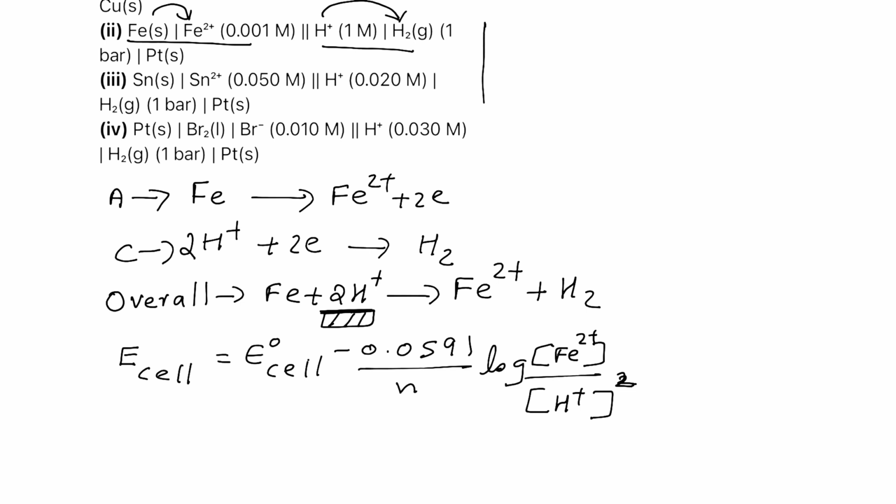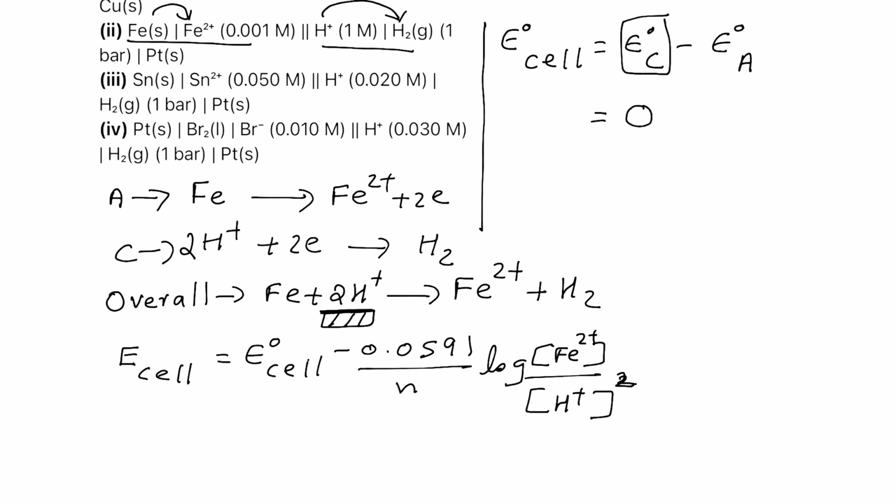Now we can again substitute. For that purpose we need E0 cell. E0 cell is equal to E0 cathode minus E0 anode. Correct? Cathode is SHE, so what is the value? 0. Anode is E0 Fe2+/Fe. For that you have to check the textbook table, then you will find the standard reduction potential value of Fe2+, which is minus 0.44.